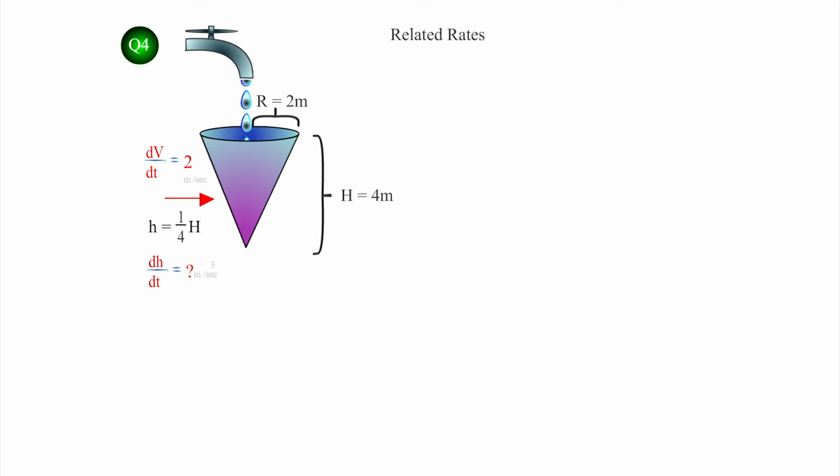We first need to find the relation equation that will join both variables together. According to the question, we want to find how fast the water level changes. We should remember that the volume of a cone is 1/3 times pi times r squared times h. As we know from the question, the radius of the small cone is equal to 1/2 of its height.